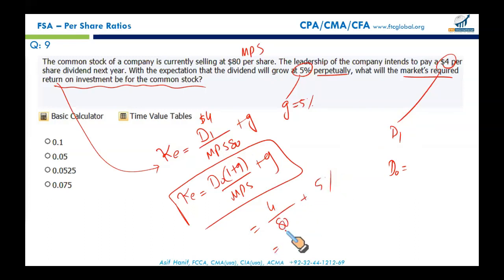Convert this 4 by 80 to percentages. It's going to be 5%. To this, add the 5% growth rate. That means the required rate of return, the cost of equity, is 10% or just simply 0.1. 10% or 0.1 is the answer. So it's a question which basically is from your section B, but nonetheless, you've learned the formula here.